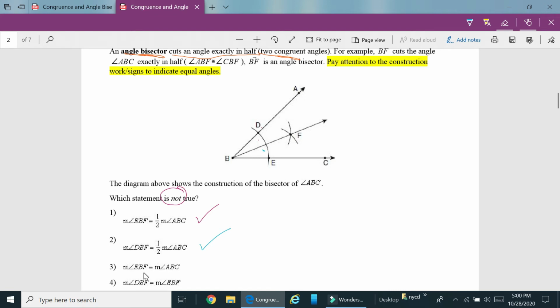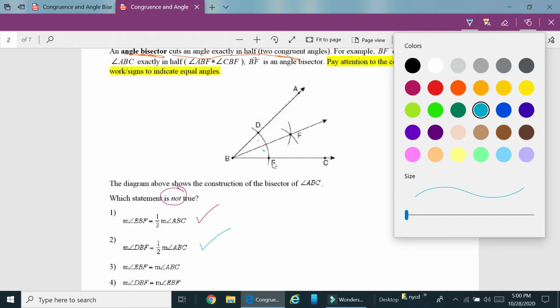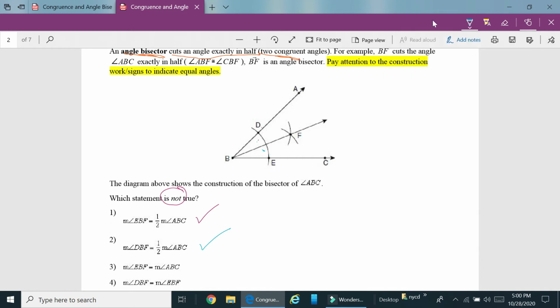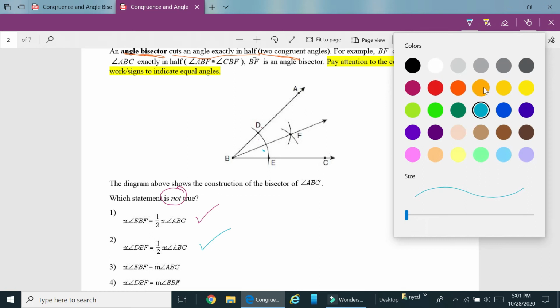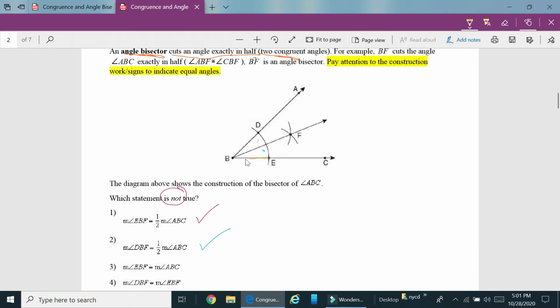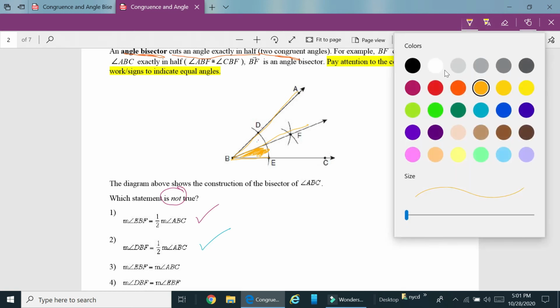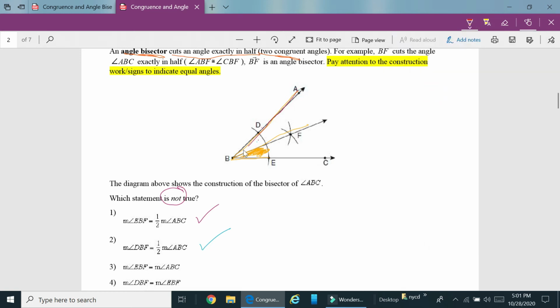Now look at EBF. So you've got E, B, F. Okay, so they're looking at this angle right here, right at the B. EBF, is that equal to, in a different color, A, B, C?